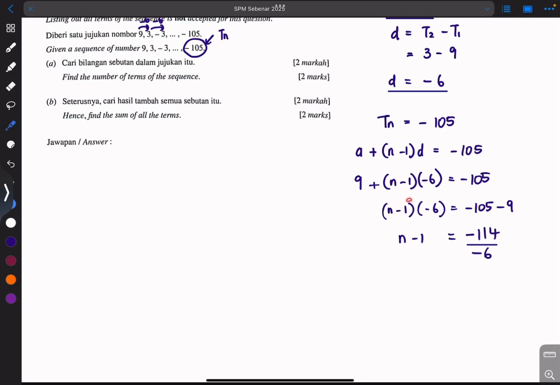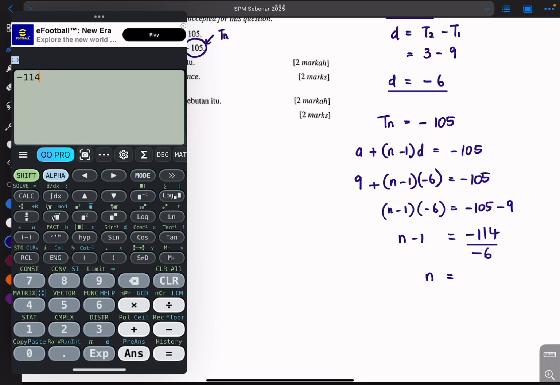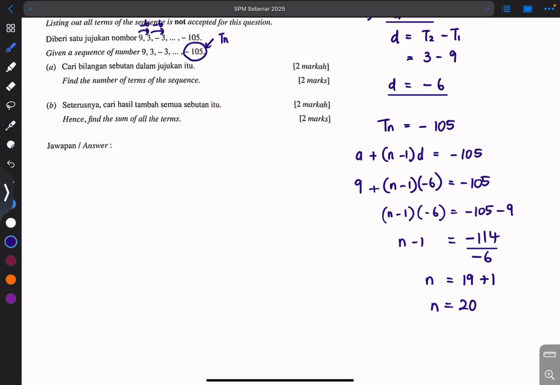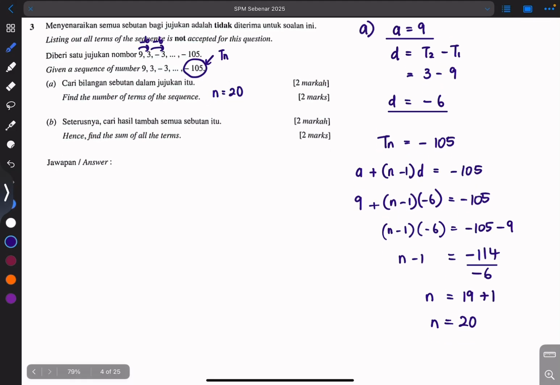Since this is related by times, we bring it over that side and it becomes divide. And n will be this answer, 19, plus 1. This negative 1 we bring over that side and it becomes plus 1. So n is 20. There are 20 terms in this sequence. Done.